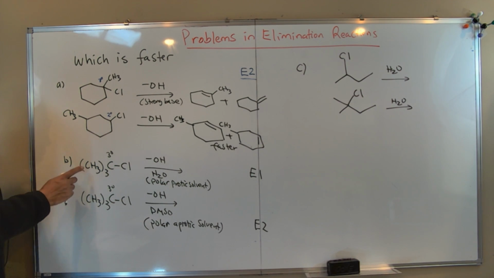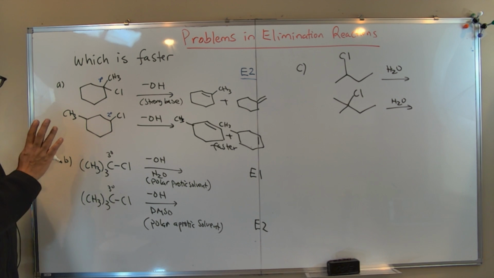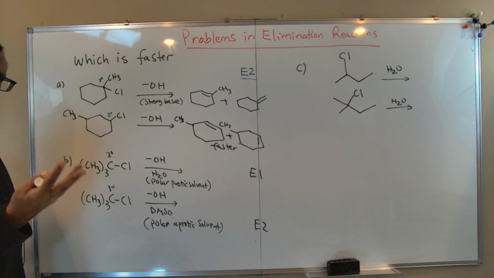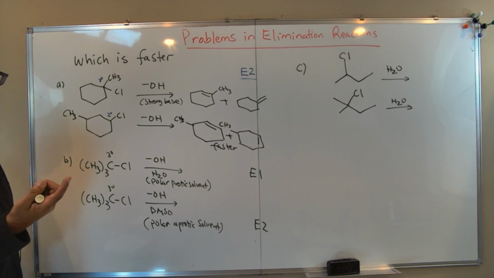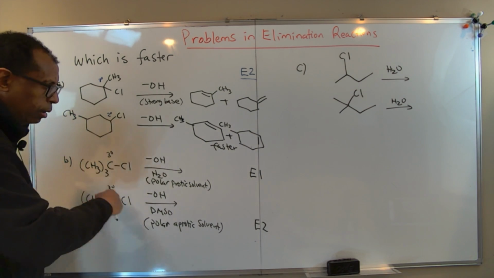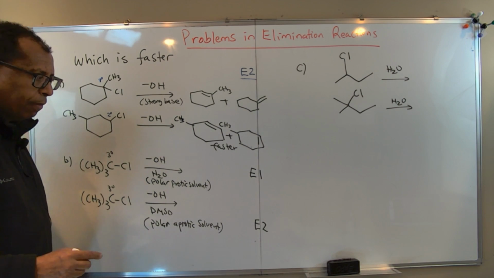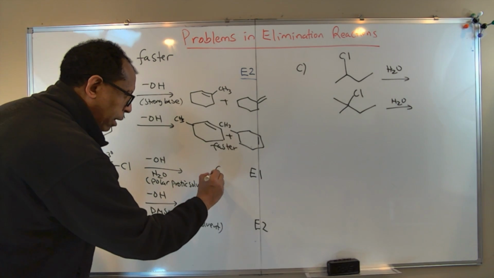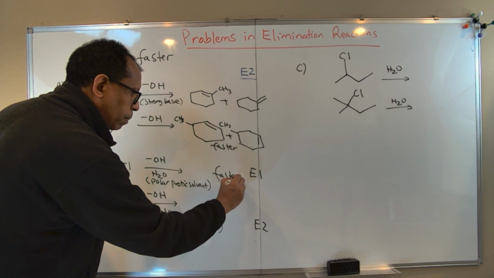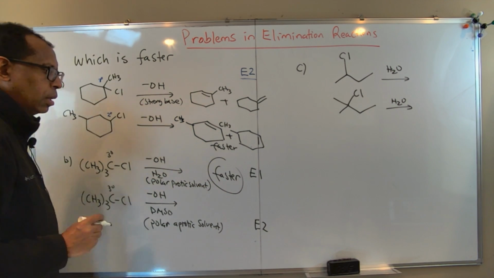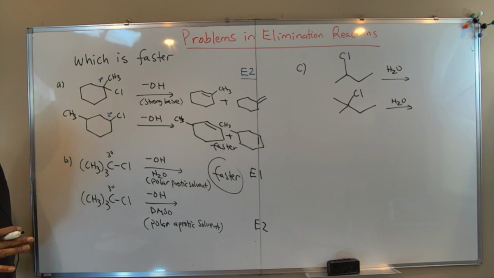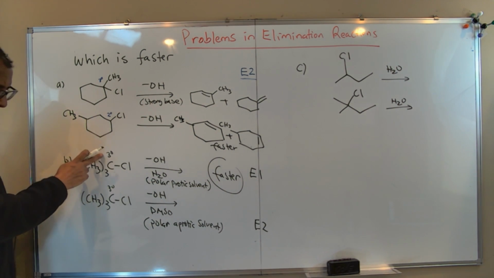So, as I already mentioned, all tertiary alkyl halides go through a carbocation. So for a carbocation, E1 is the favorable one. So this is the faster reaction. The top one is faster because this is tertiary.